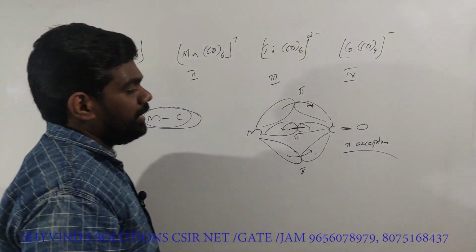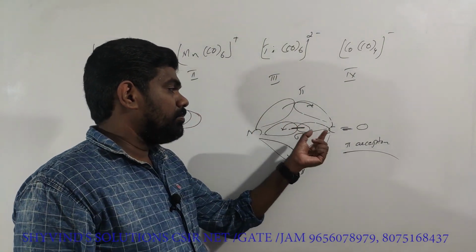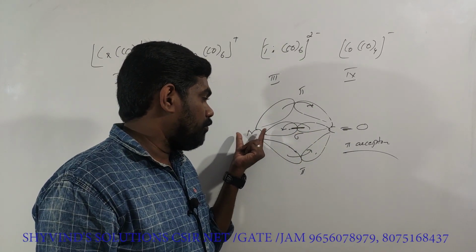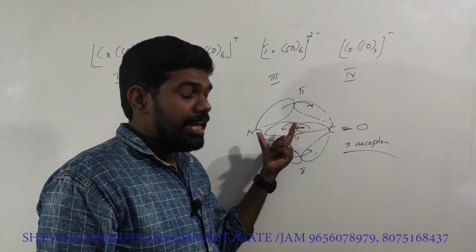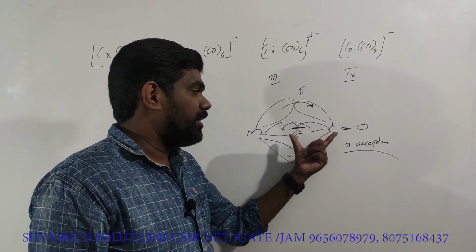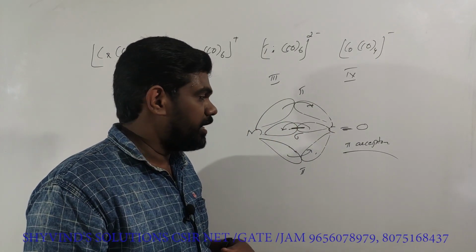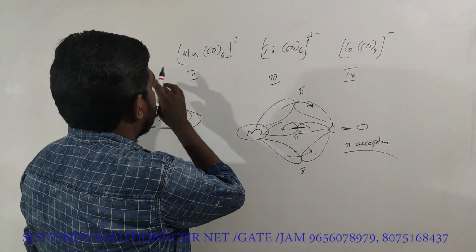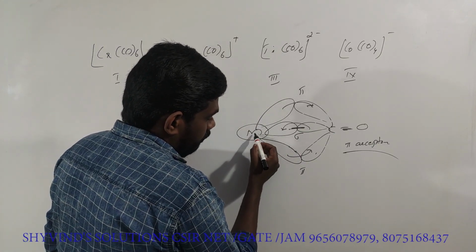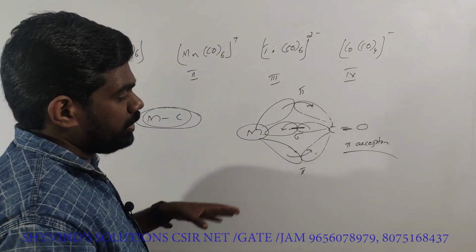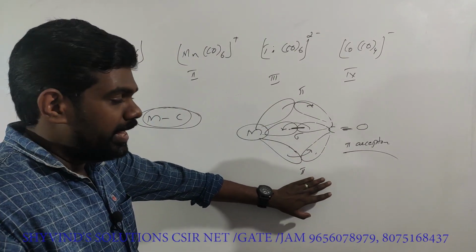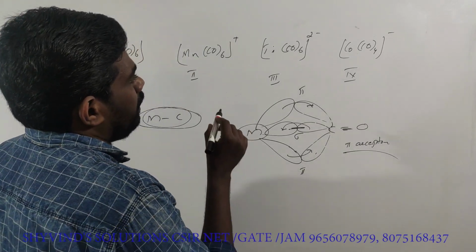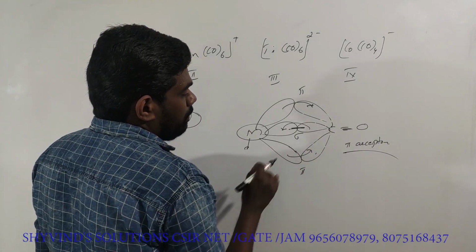If the donation from metal to carbon increases, then the metal-carbon bond strength increases. If there is excess electron density on metal, the electrons will flow from metal to carbonyl group, so the strength of pi bond increases, and the metal-carbon bond becomes stronger. So electron density on the metal increases, metal-carbon bond strength increases.